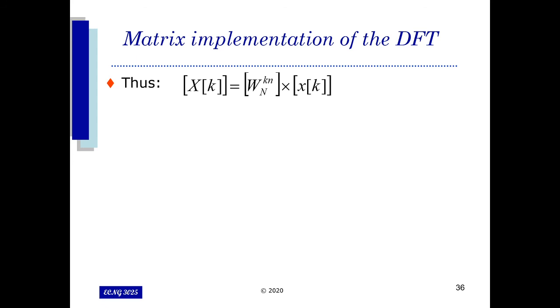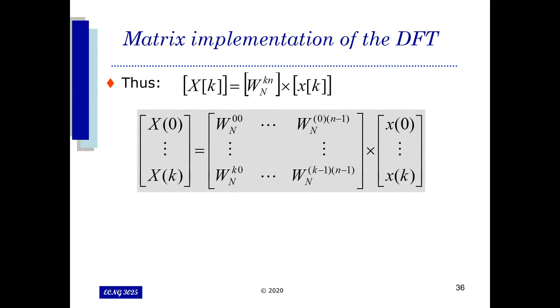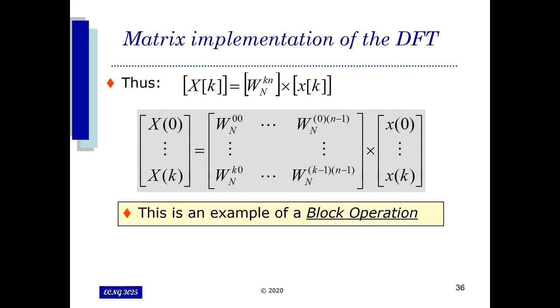Meaning that in order to solve for X of k, we can bundle all the W factors into a matrix and then multiply it by the x of n values, represented by a vector. This we refer to as a block operation, and a block operation is the basis for parallel processing.